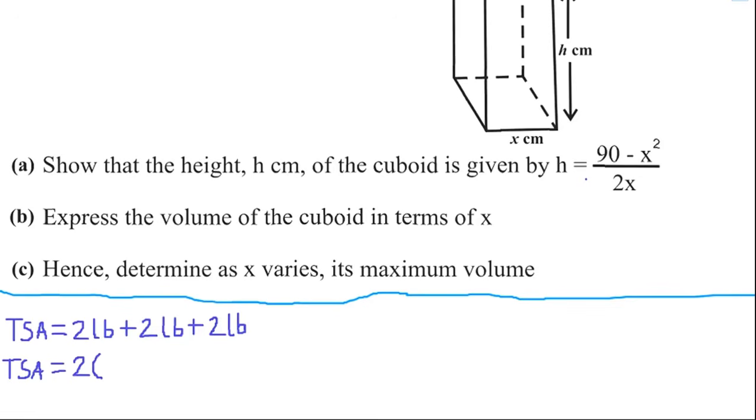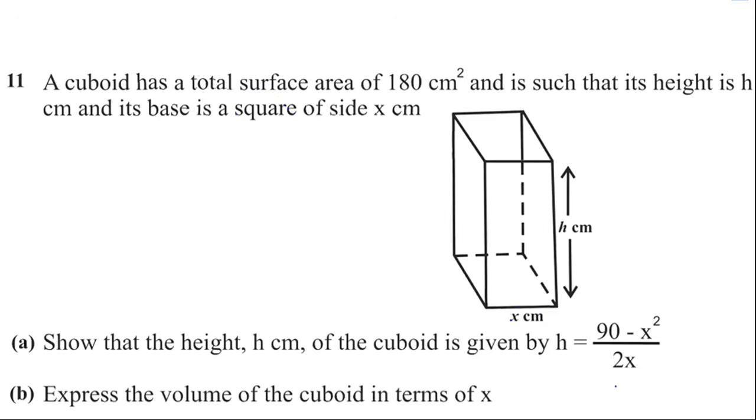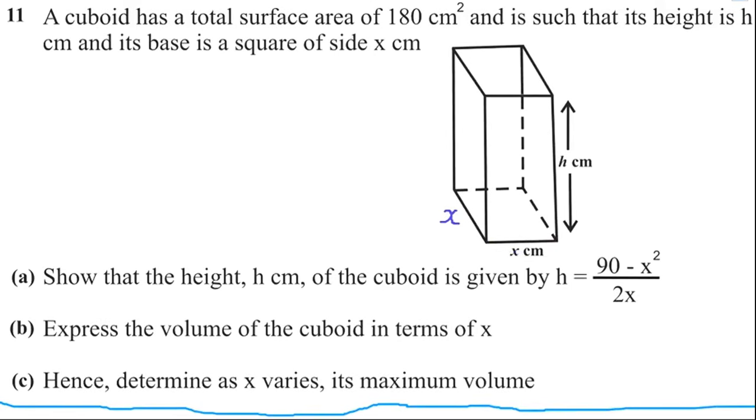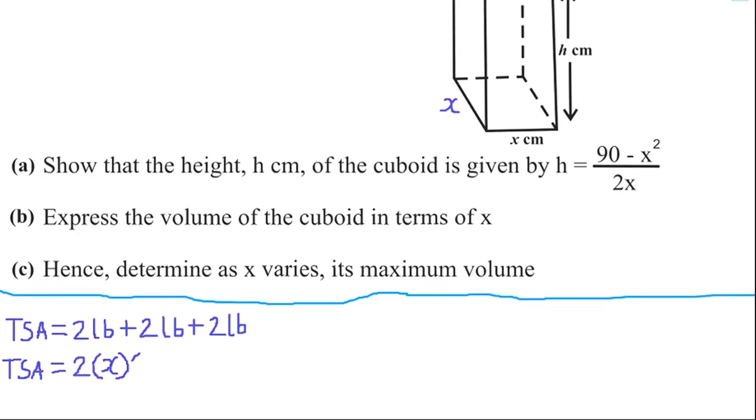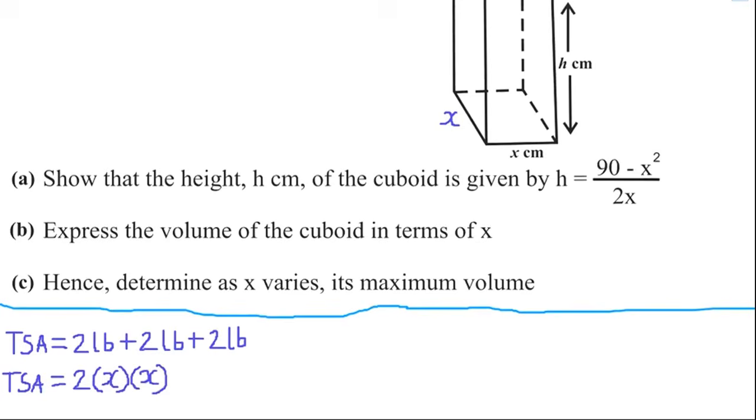So if that side is x centimeters, it means that side is also x centimeters. So therefore, we're going to have x and also x there. Those are the two that we are talking about.